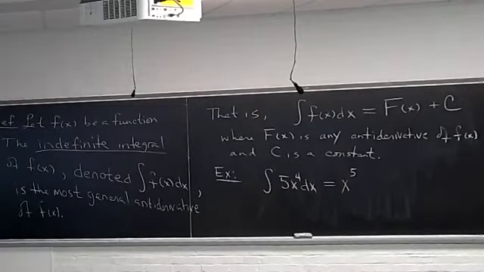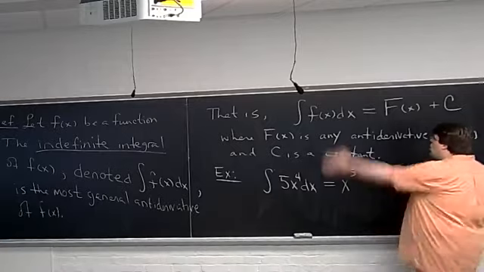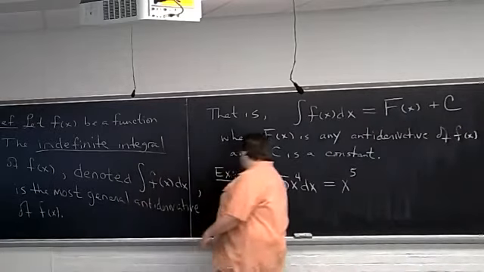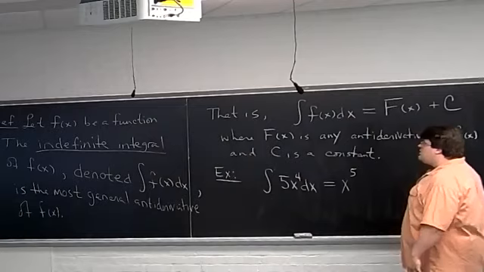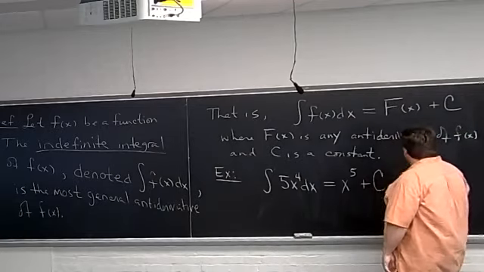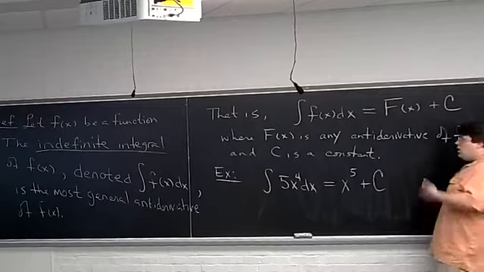Why is this incorrect? Well, the indefinite integral doesn't say give me one antiderivative. It says give me all of the antiderivatives, the most general antiderivative. Well, this is only one of them. How do we make it all of them? We add a constant. This is a capital C. Earlier we used lowercase c's, but it is pretty standard to use a capital C in this context. Well, very standard. So right here, this does give all antiderivatives.